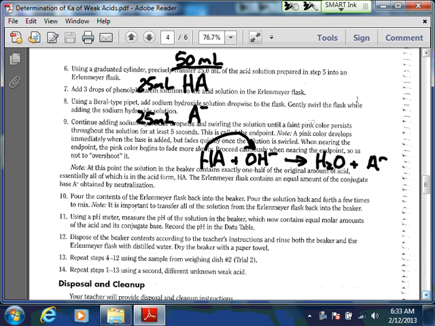So however much HA we had over here, now we have exactly that same amount of A minus. So in the Erlenmeyer flask, you have completely converted it into A minus. So now you have exactly 25 milliliters of your original acid HA, and you have 25 milliliters of its conjugate base. Then you can dump them back together.